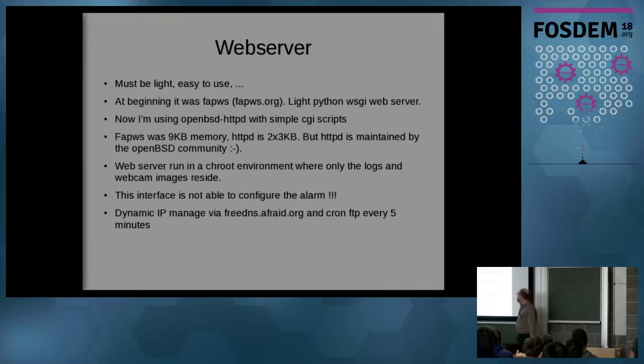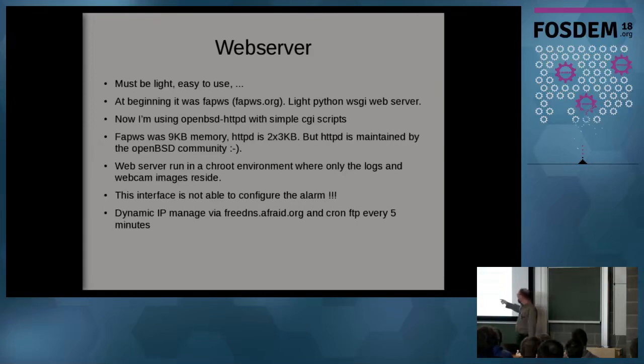But HTTPD is perfect for this, and I'm running it in a chroot environment. So even if someone finds my machine, he cannot break it. This interface does not allow you, for me, to configure the alarm. So security-wise, it's not possible via this HTTPD to break the system.